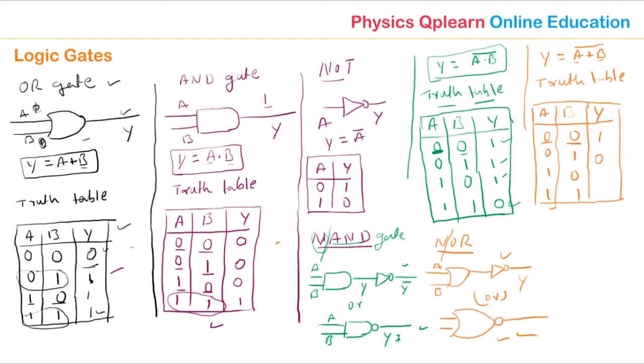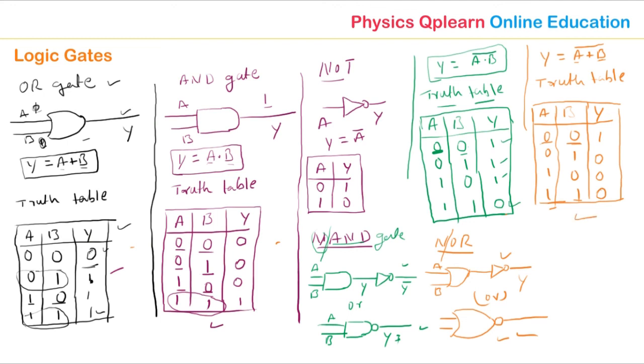Third one, A is 1, B is 0, 1 plus 0 is 1, due to the bar 1 will become 0. And last one, when both A is 1 and B is 1, 1 plus 1 is 1 only. Here 1 plus 1 is 2, 2 in binary is written as 10, so again 1 is left, so due to the bar, again the output is 0. So this is the truth table of the NOR gate.